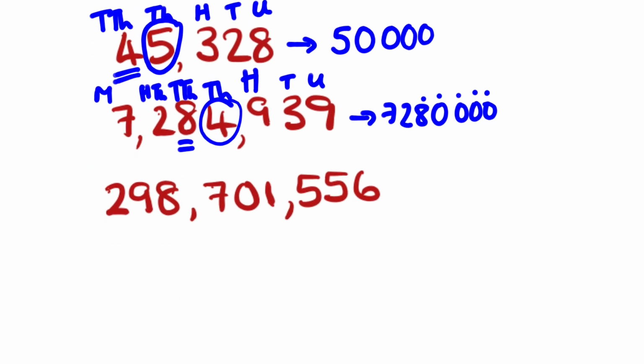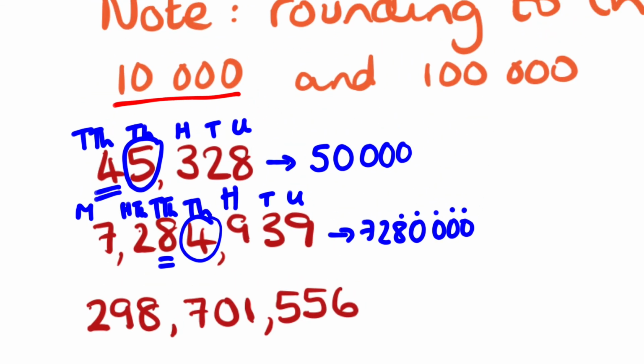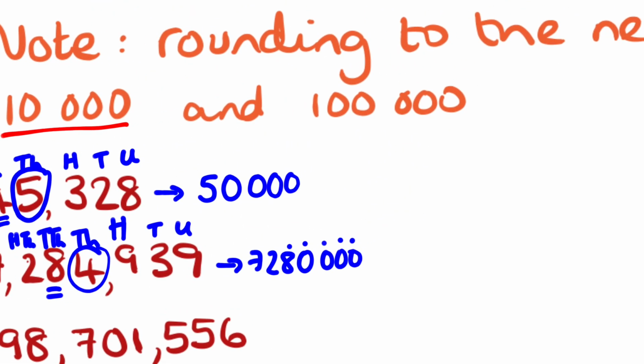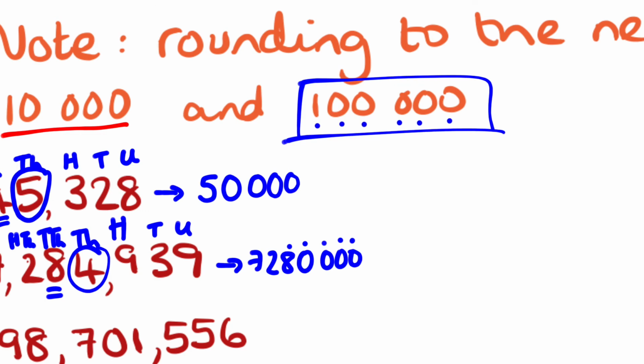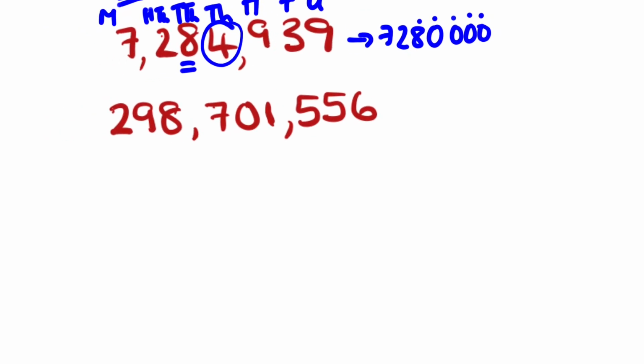Okay, the next one, we're going to round to the nearest 100,000. So if we count 1, 2, 3, 4, 5, 6, it's going to be the 6th one in. So that 7 is the 100,000s digit in this number. By the way, this number says 298,701,556.